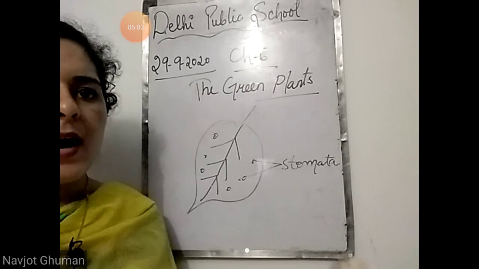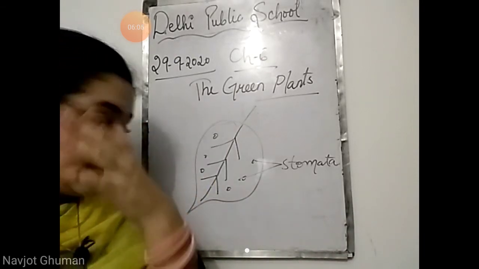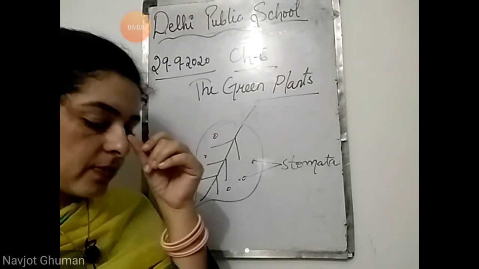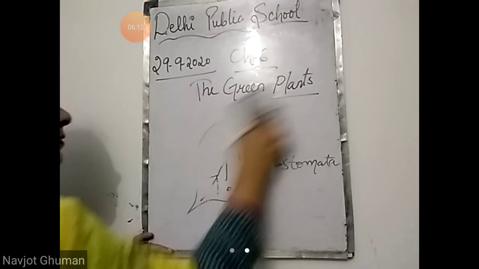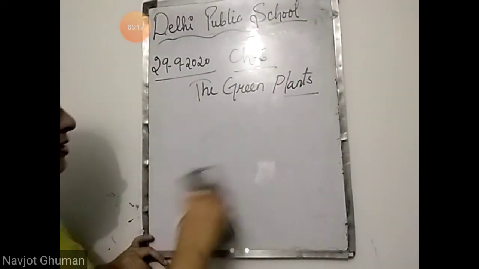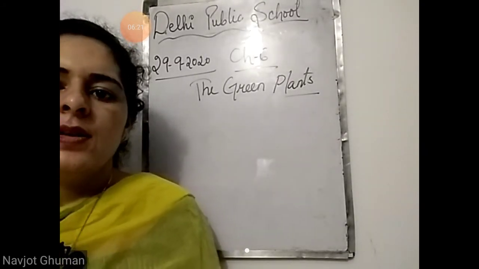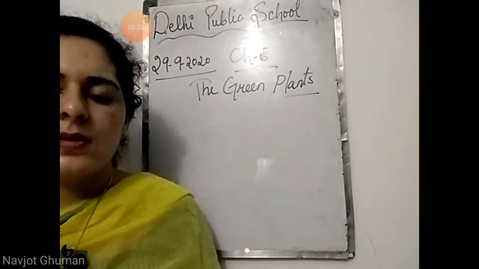Now next is, how do leaves make food? Leaves food कैसे बनाते हैं? So there are some raw materials for making food. As we make vegetables in our house, for making vegetables we need some ingredients. Suppose we are making dal.